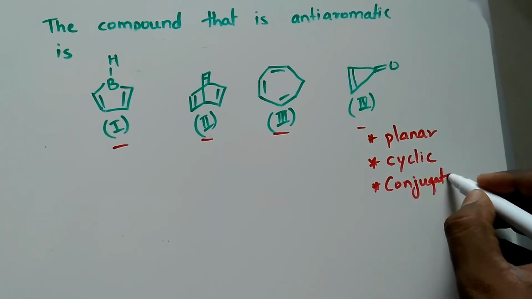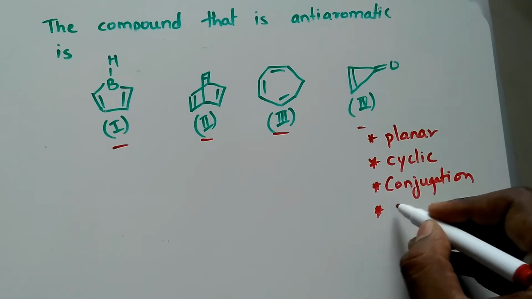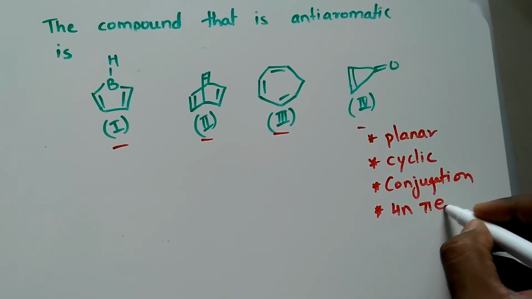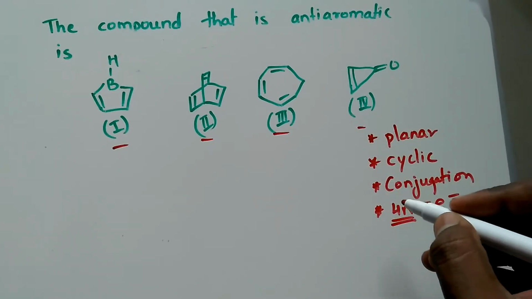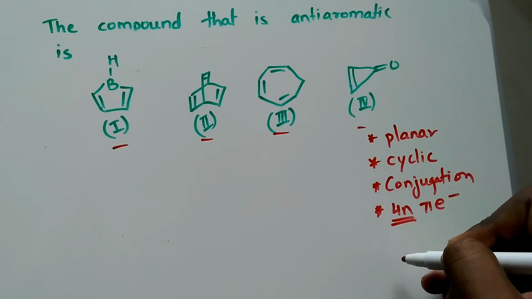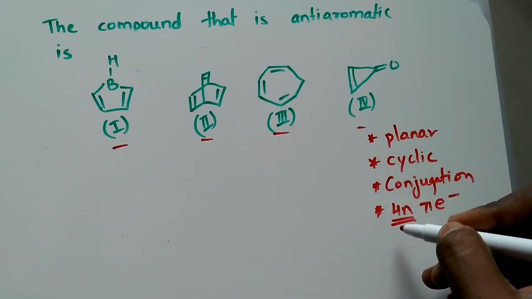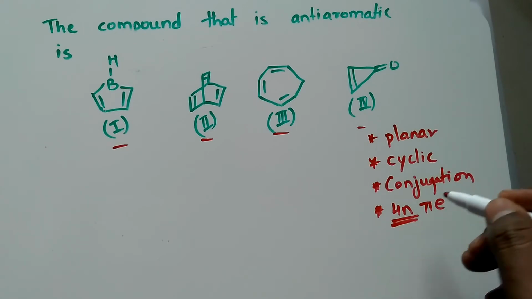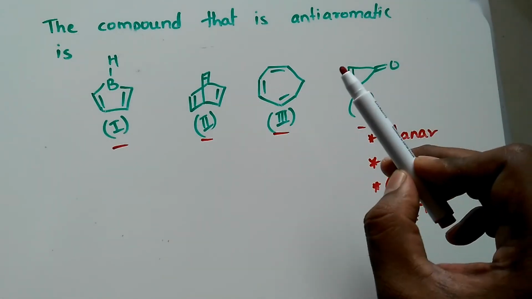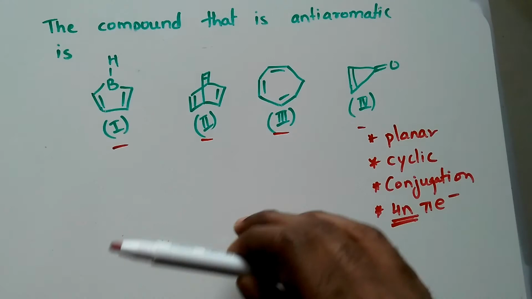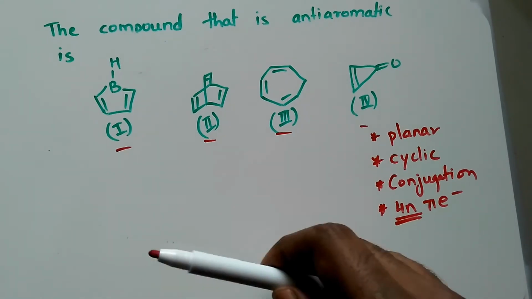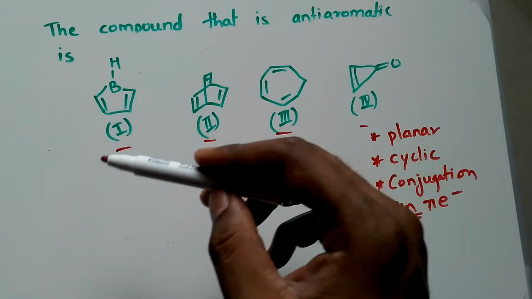And the last one is 4n pi electrons. This is very important. For aromatic it was 4n plus 2 pi electrons, but in this case it is only 4n pi electrons. And remember, anti-aromatic compounds are highly unstable. Rarely will you get them in nature as free compounds.